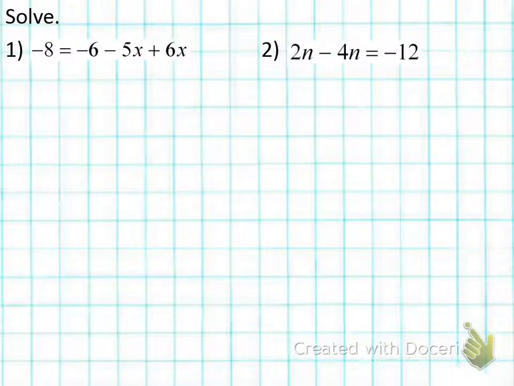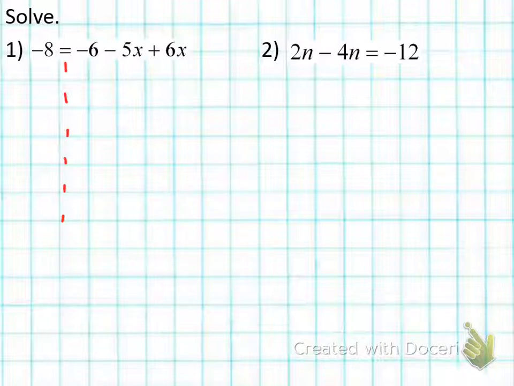The first thing I always want to do is make sure I have a fence written down. I'm going to look at my equal sign. I'm drawing a fence down. Next thing I want to do is figure out what the letter is.